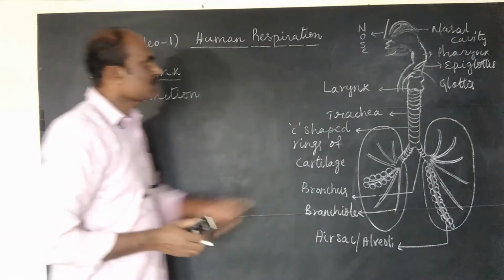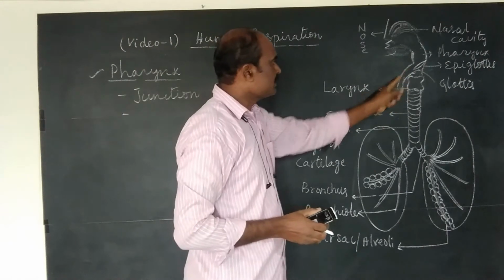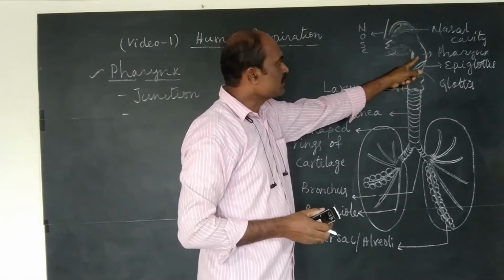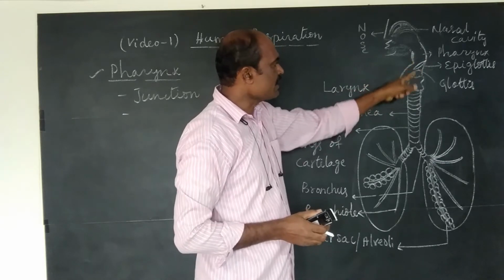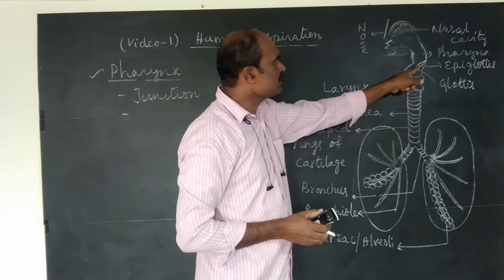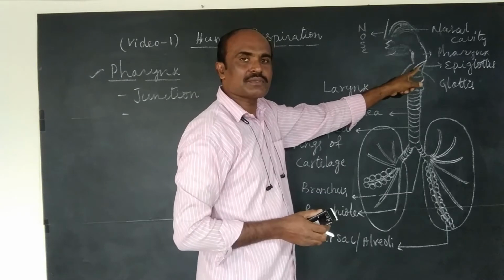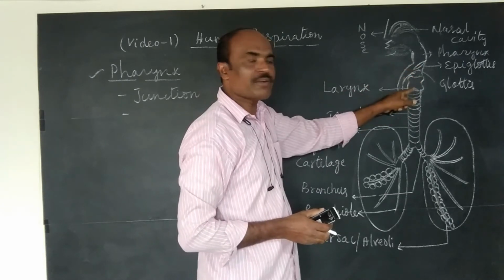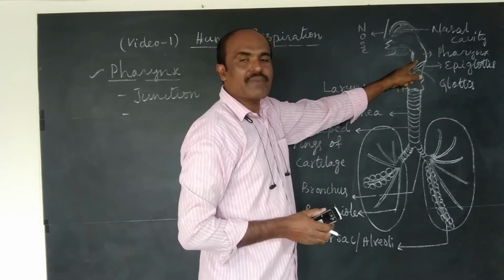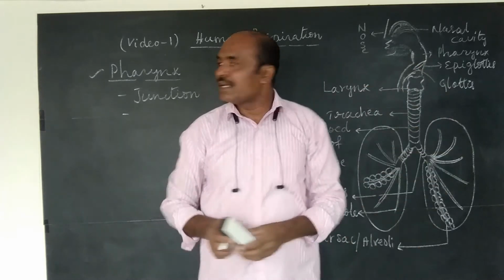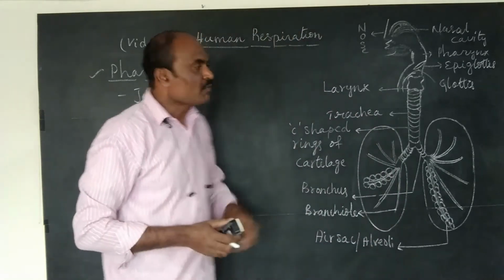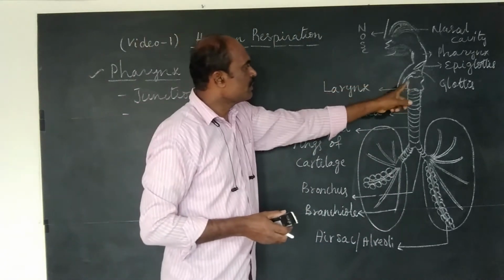Because esophagus takes its origin from pharynx, and even windpipe takes its origin from pharynx. So both esophagus and trachea or windpipe open into pharynx. Therefore, pharynx is a junction. Pharynx leads into larynx.